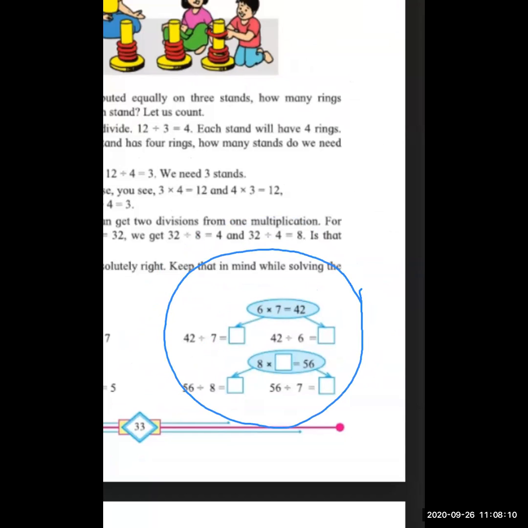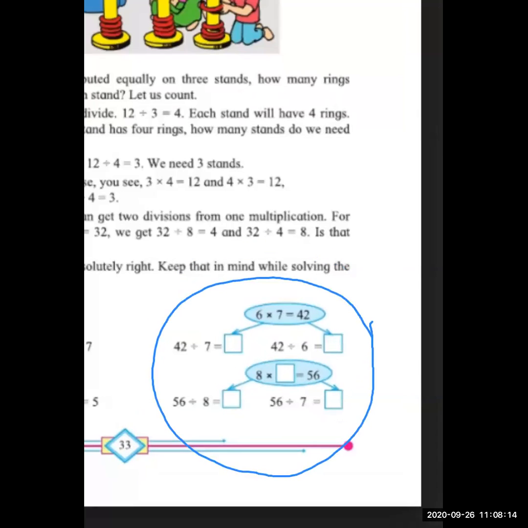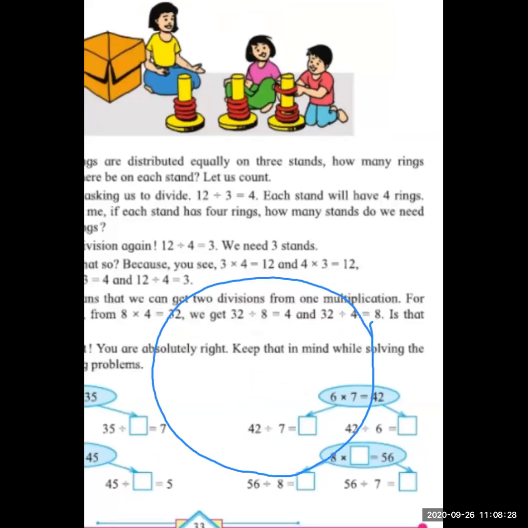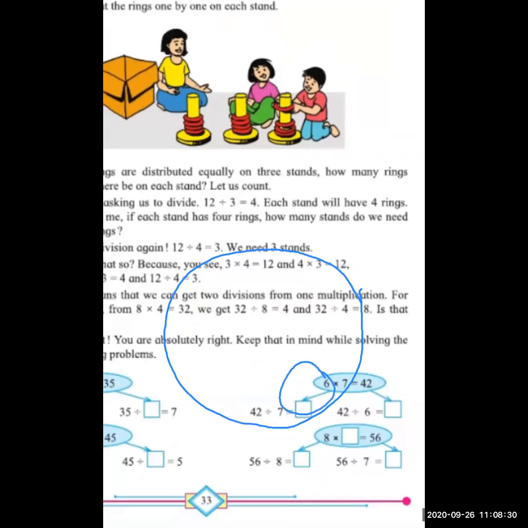So you want to say the table of 6, otherwise 7, in your mind. 42 divided by 7 is equal to, in that box, what will come? Tell me. 7 6s are 42.